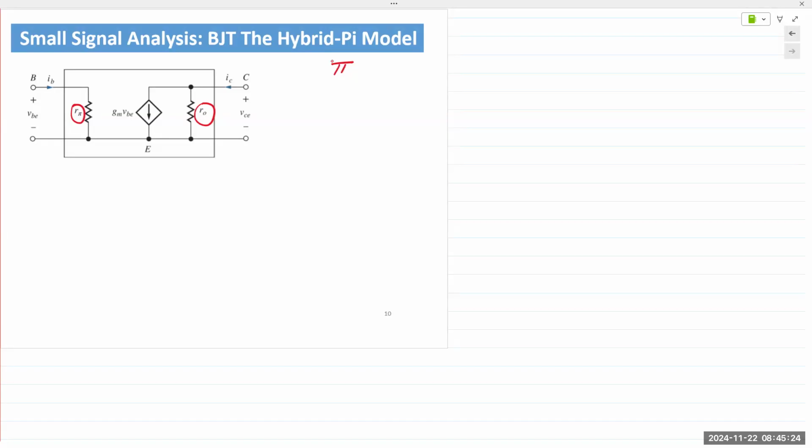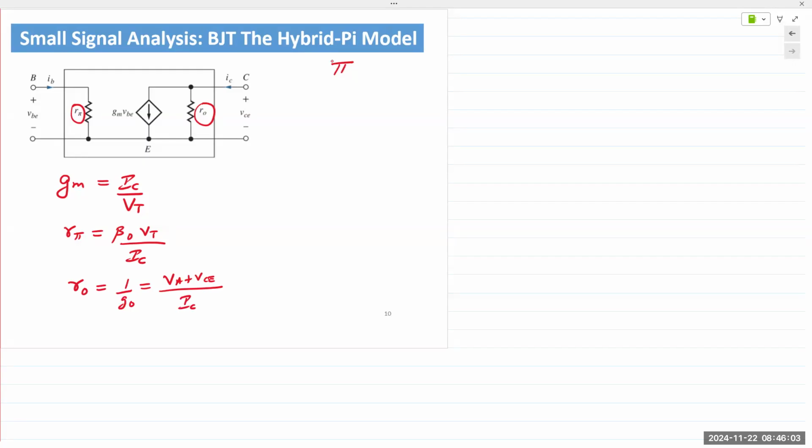For the hybrid pi model, the equations are Gm is equal to IC over VT. This is the transconductance. R pi is beta O times VT over IC. That's the input resistance. And then we have RO, which of course is 1 over GO, and that would be VA plus VCE over IC.